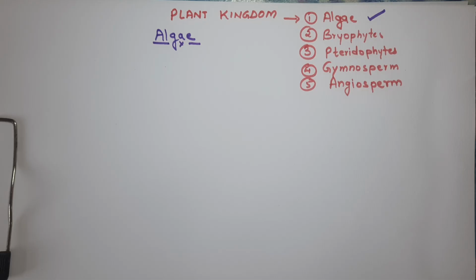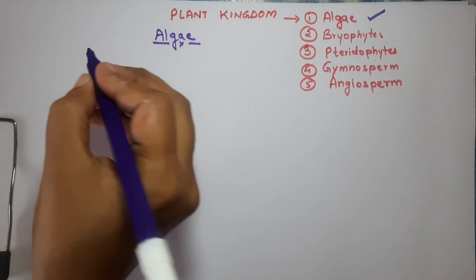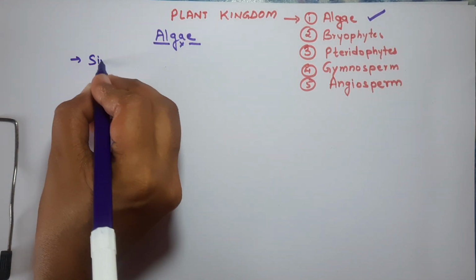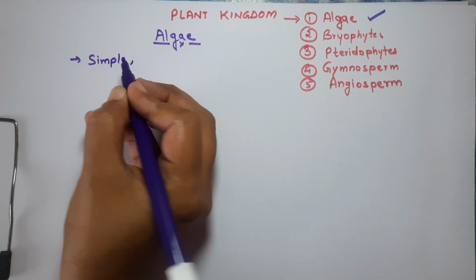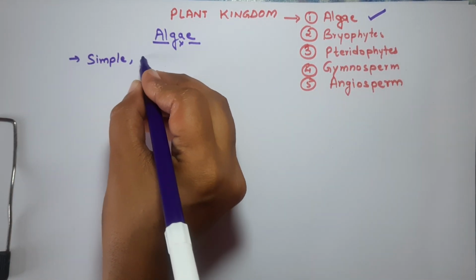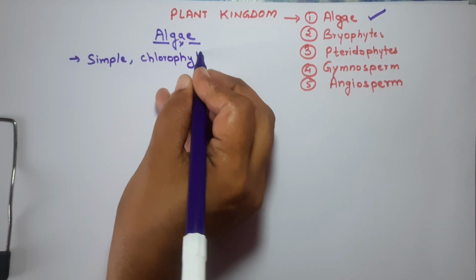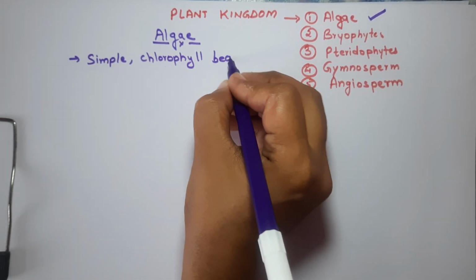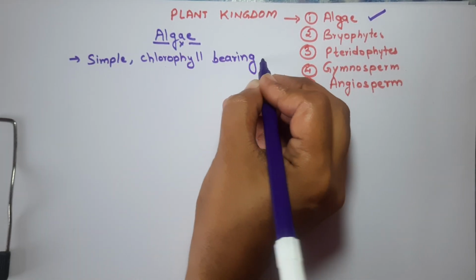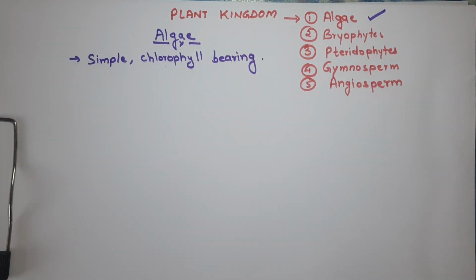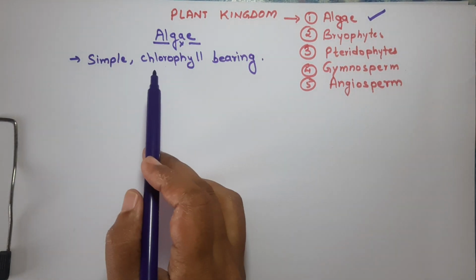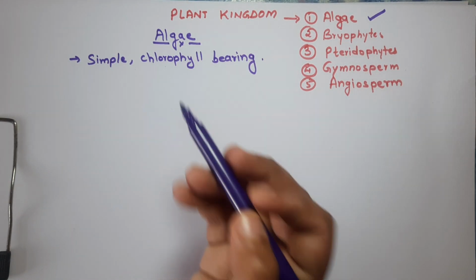So algae are known as simple chlorophyll bearing organisms. We have all seen the algae, right? The green colored ones. Since they have chlorophyll, students, can you tell me their mode of food production? As they contain chlorophyll, they are autotrophic.